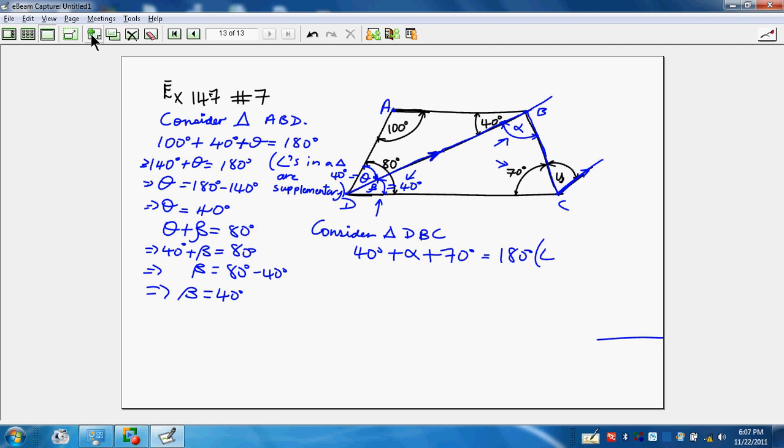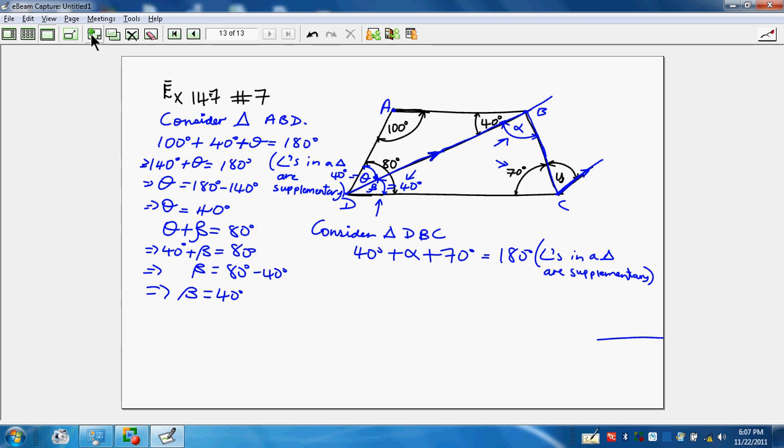Because we know again that the angles in a triangle add up to 180 degrees.